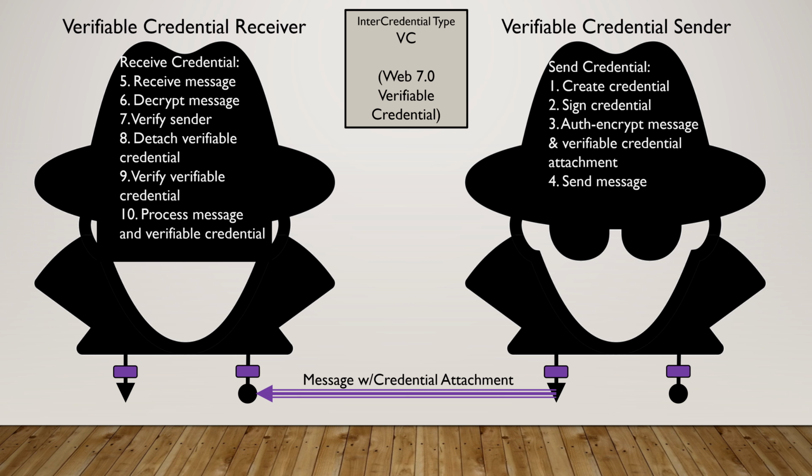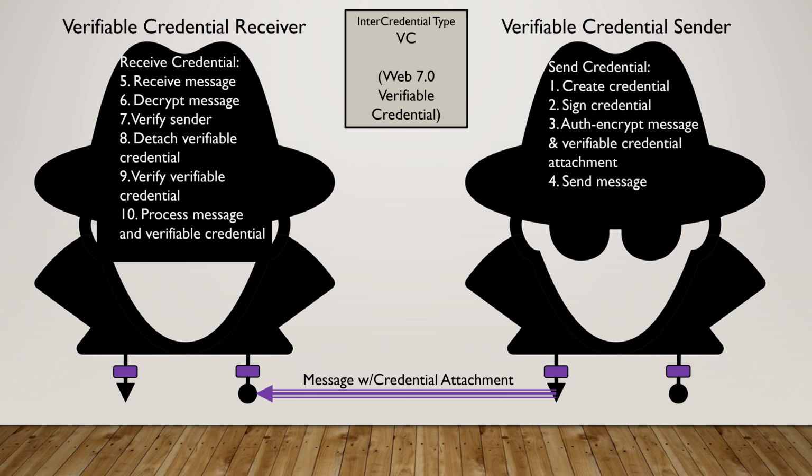On the right-hand side, the verifiable credential sender needs to create the credential and sign it, auth encrypt the message and the verifiable credential attachment, and send the message. So the only additional step here is step 2, where we're signing the credential, we're attaching a verifiable proof, a verifiable signature to the credential before we auth encrypt it and send it across to the receiver on the left.